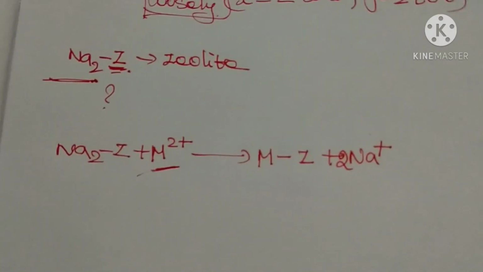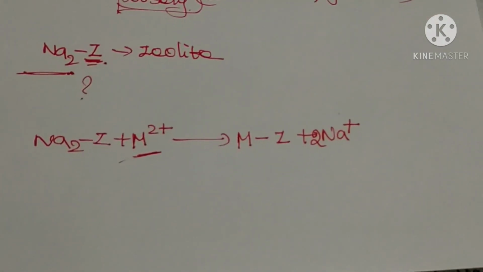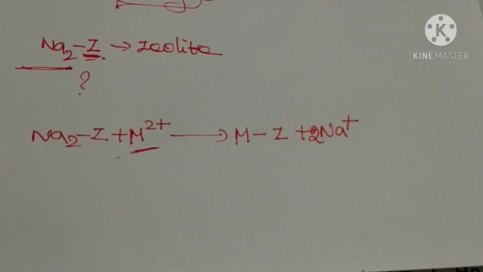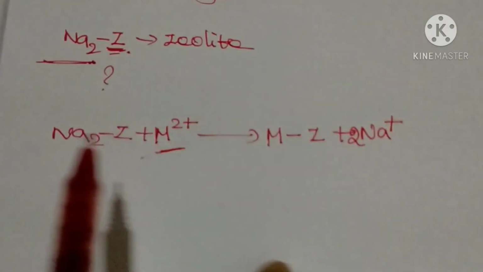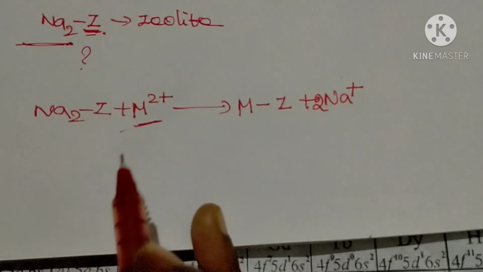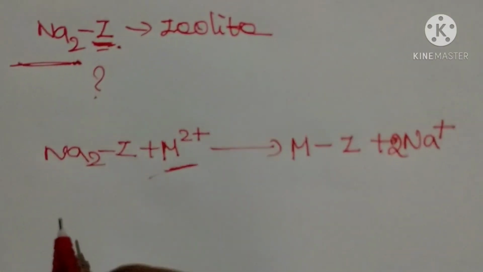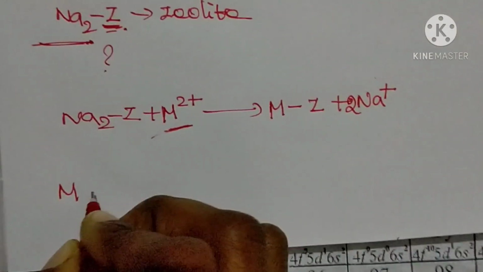When exhausted, the material can be regenerated by treating it with aqueous sodium chloride. So the zeolite recombines with sodium and forms the previous Na2Z.